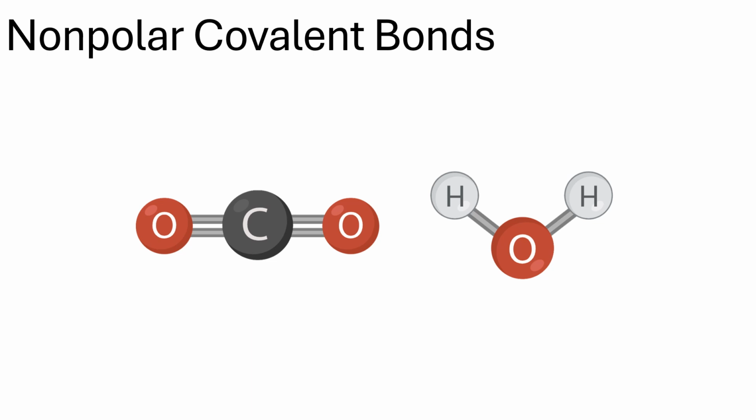We can also see that there are two gray connecting lines between carbon and oxygen, and this is what indicates to us on diagrams like this a double covalent bond. When electrons are shared equally, such as in carbon dioxide, we call this nonpolar covalent bonding. It's nonpolar because no one area of the molecule has any type of charge, negative or positive.